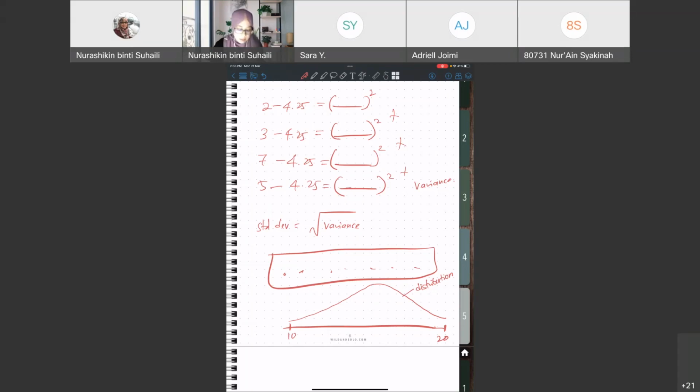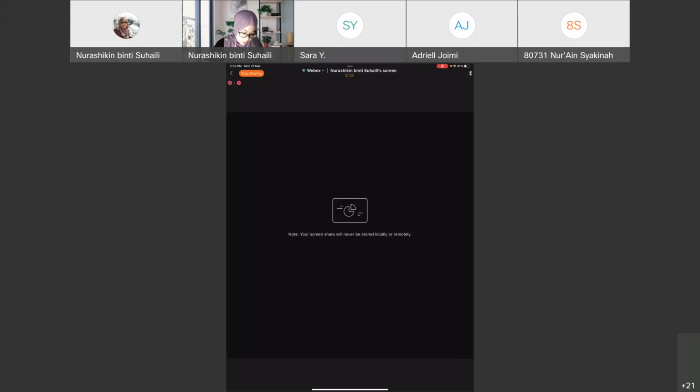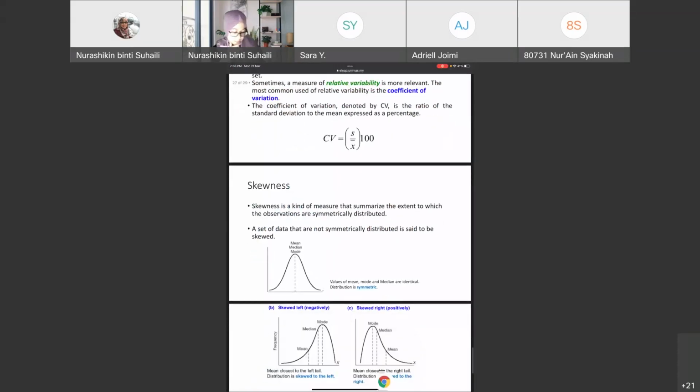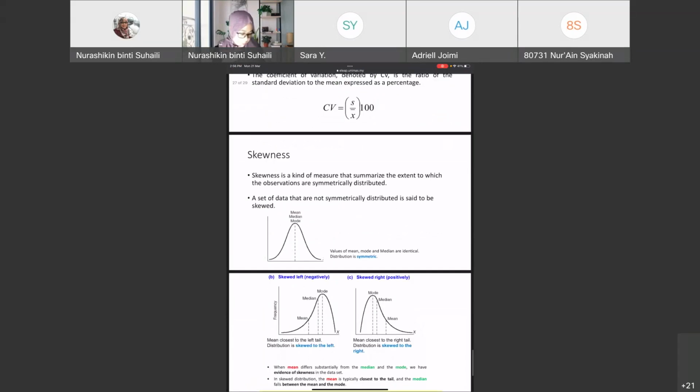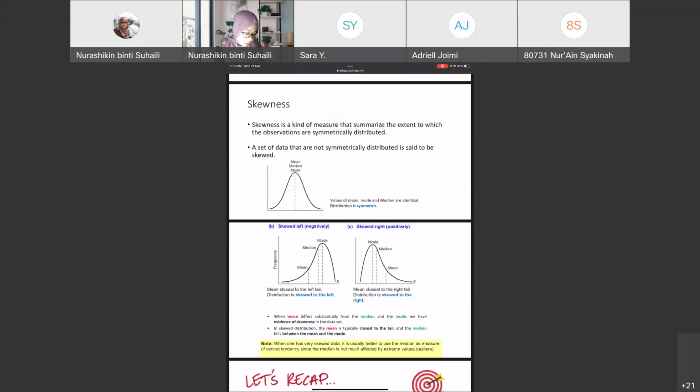So when we talk about distribution, we have this skewness. Skewness is the measure of how the distribution looks, whether it is to the left or to the right. For example, skewed left means that you can see the peak is actually to the right. See the peak here, the mode. This is what we call skewed left. The other way around, skewed right means the peak is on the left.